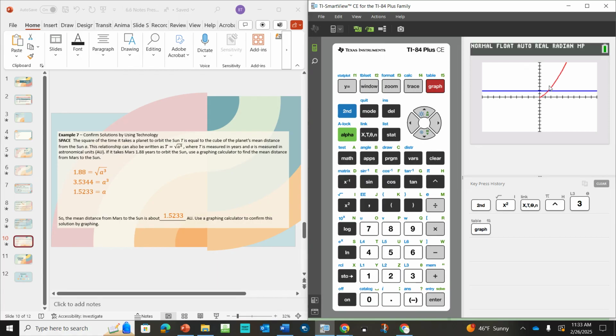All right, and then I'm going to look for where they intersect, so I'm going to press second trace 5. And we're getting 1.523. So it's the same thing we got when we solved it algebraically. So that's a good sign.